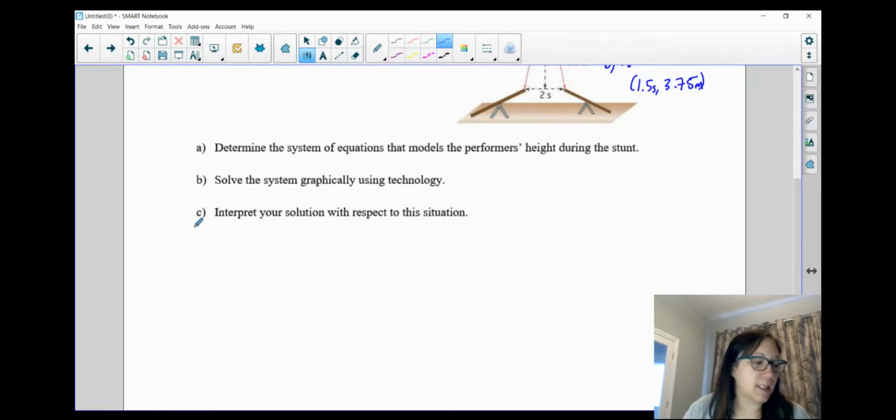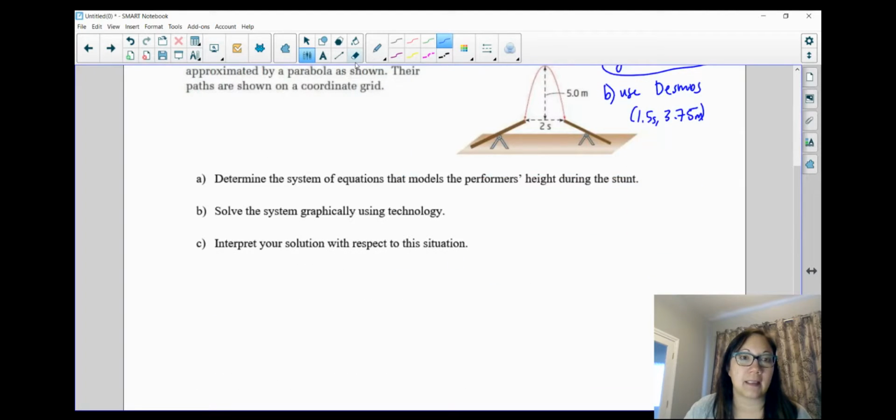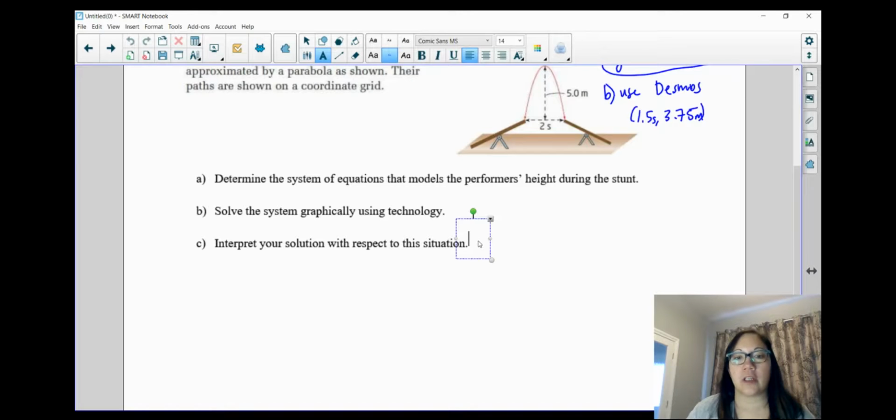And part C says to interpret your solution with respect to this situation. So what does it mean to know that this is the solution here? And to me, that's where and when they high-fived. So they would have high-fived at a height of 3.75 meters at a time of 1.5 seconds. And one of the things that I would say is a hint, if you're trying to interpret a solution, is to look at your units.